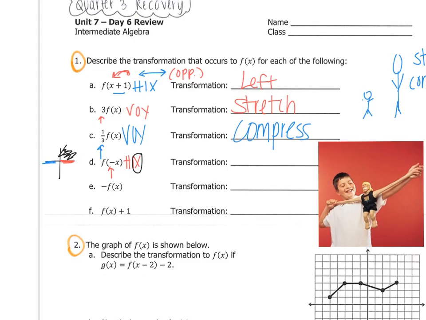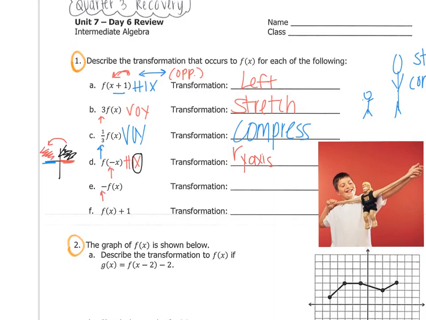So currently I'm in positive x's with a red, but I want to change them to negative x's. So my little blob's going to move towards the left. But as I do that, I'm doing a reflection over the y-axis. I'm negating the x's by reflecting over the y-axis.